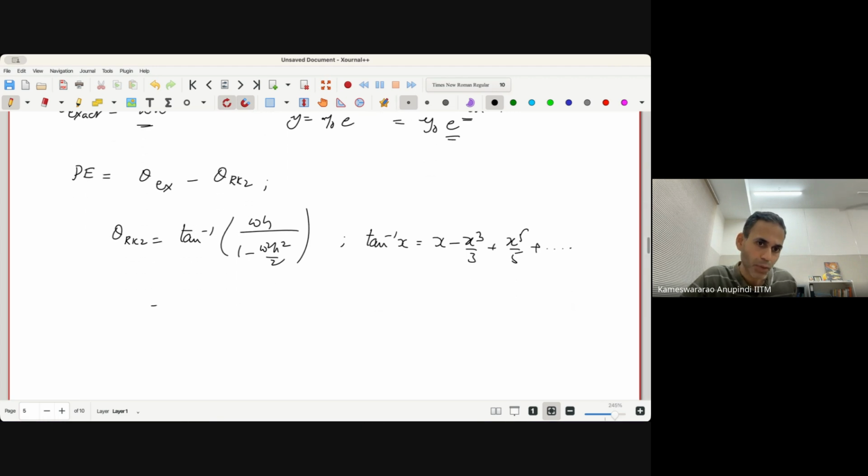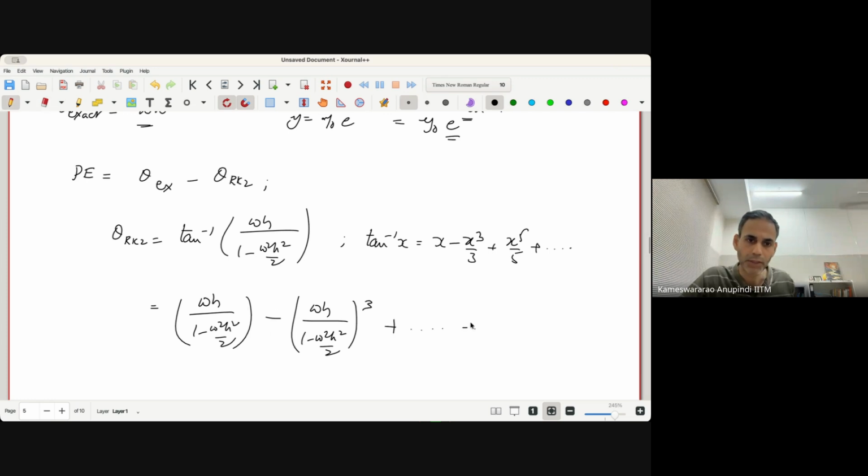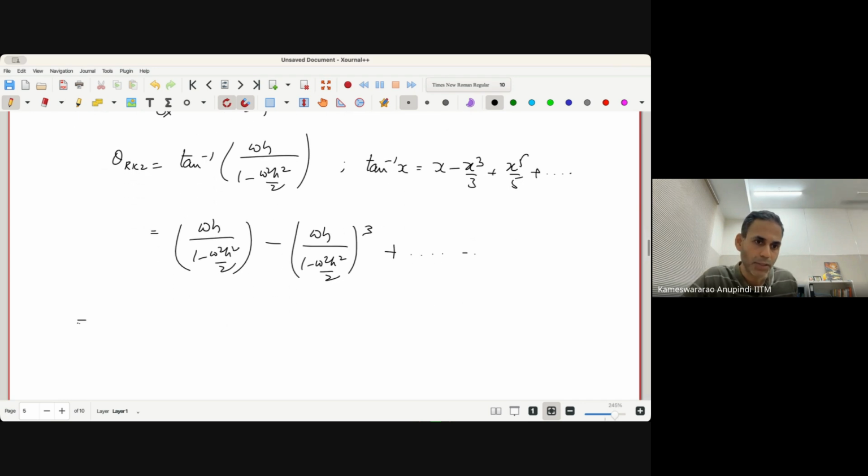That is going to give me omega h by 1 minus omega squared h squared by 2, minus omega h by 1 minus omega squared h squared by 2 cubed, and then plus the fifth power terms. But in each of these I can use another formula: 1 by 1 minus x equals 1 plus x plus x squared and so on.